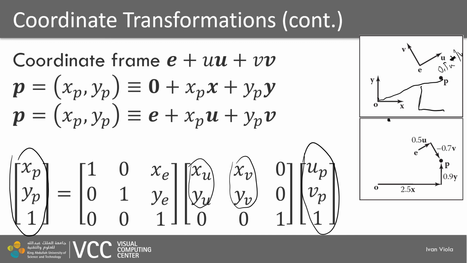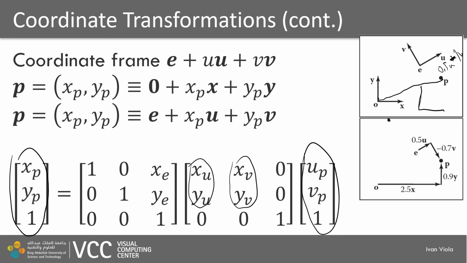And then we are performing the translation by the origin of the uv coordinate system, E, and we will end up in the point P with respect to x and y.